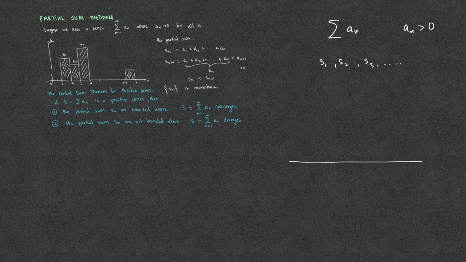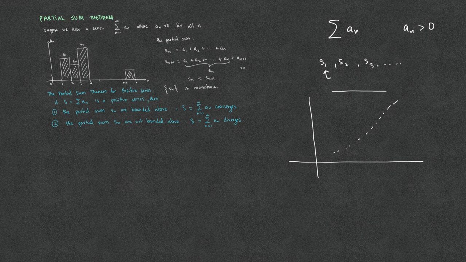If we keep adding numbers to each of the terms each time, we start out with the partial sum S sub 1, S sub 2 is S sub 1 plus the next term, S sub 3 is S sub 2 plus the next term, and so the sequence of S sub n is increasing monotone.